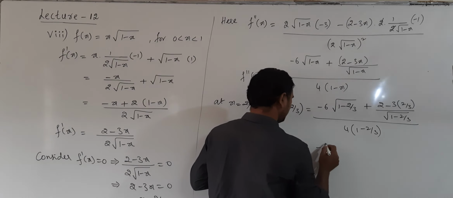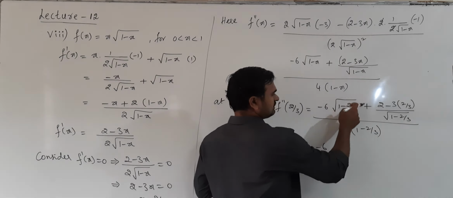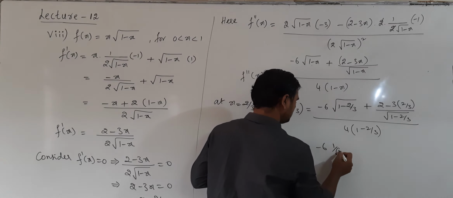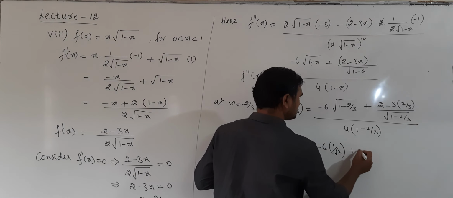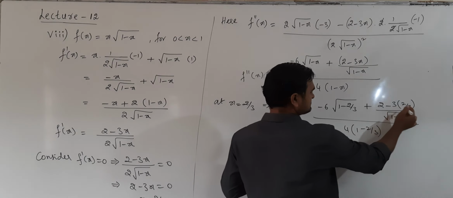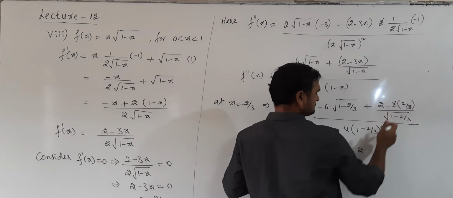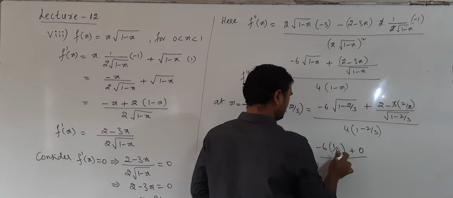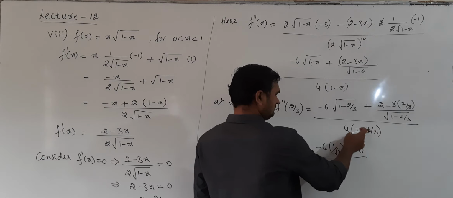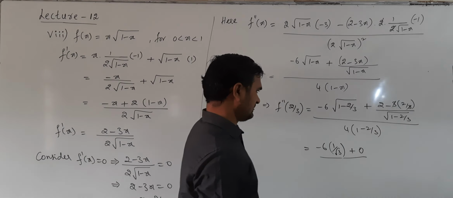It is minus 3 root of 1 by 3, that is 1 by root 3, plus 2 minus 2 will get cancelled, 2 minus 2 is 0. So 0 by something will become 0, divided by 1 minus 2 by 3, it is 1 by 3.